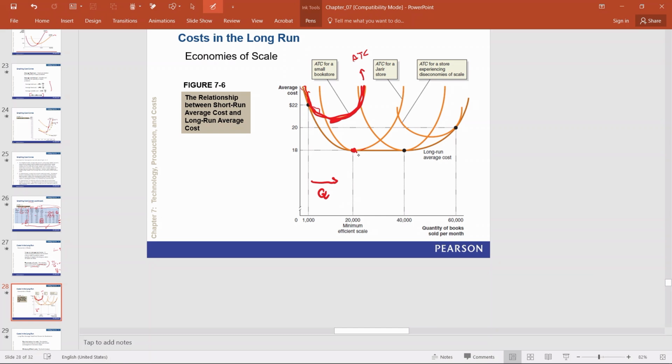If they expand more and more, increasing production from 20 to 40, their unit cost will decrease more and more. But this is over time, and after a certain time in the long run, the market might experience a lot of competition, so this will raise the minimum cost.